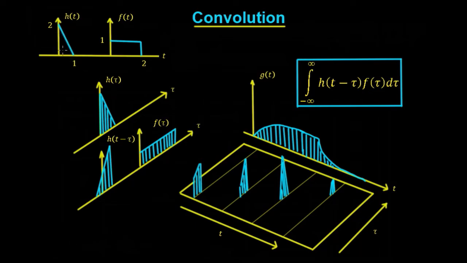So we can take this function here and run it across that function in some manner, and if we were to run it across, then we can produce the output to the system. So this is a system, this is the input, and when we convolve them together we're going to get our output.